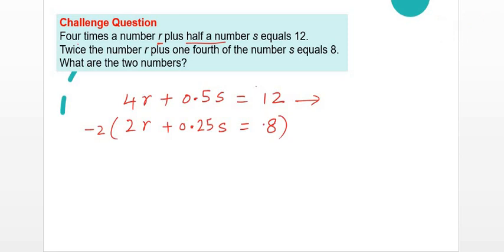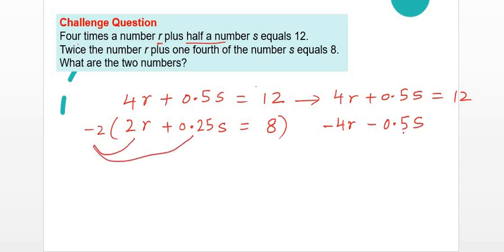Okay, so we will get 4r plus 0.5s equals 12, and the second equation will be -4r minus 0.5s, because when you multiply this with this one, it will give you 8 times -2, which is -16. I think in the first one I wrote a number wrong. It's not becoming many solutions, it's becoming no solution.